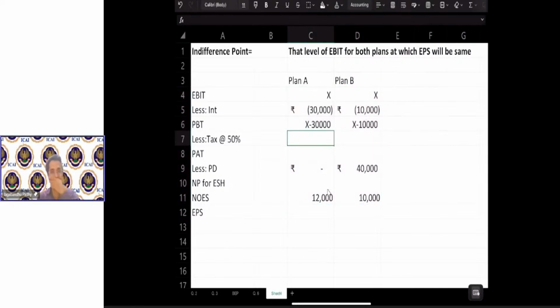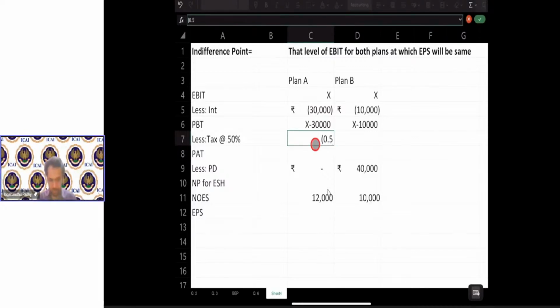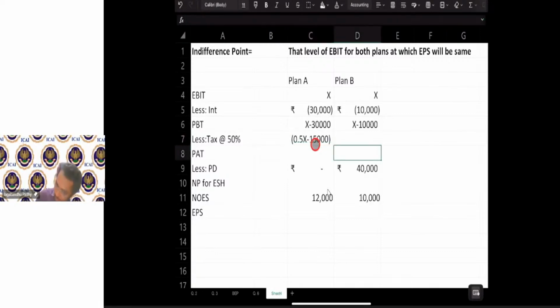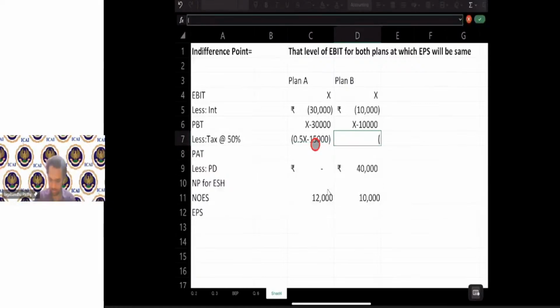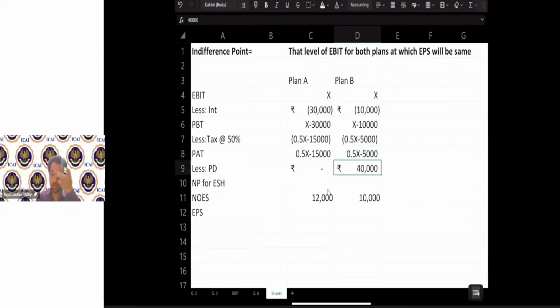Then we have the tax rate of 50%, so it will be 0.5x minus 15,000, correct? And here it is going to be 0.5x minus 5,000. So you have the PAT as 0.5x minus 15,000, and over here the PAT is 0.5x minus 5,000. No preference dividend in this case.